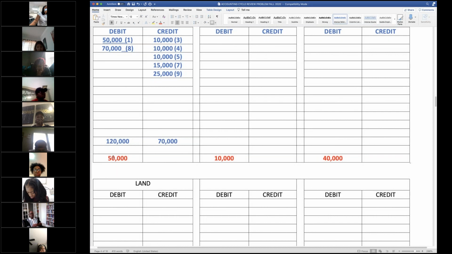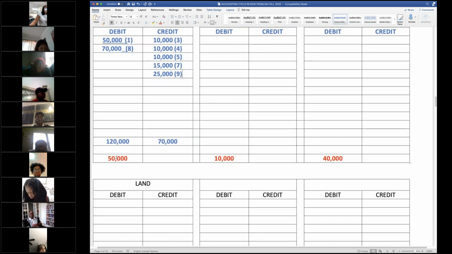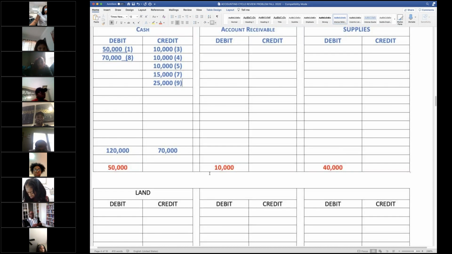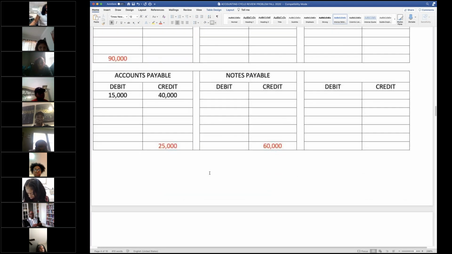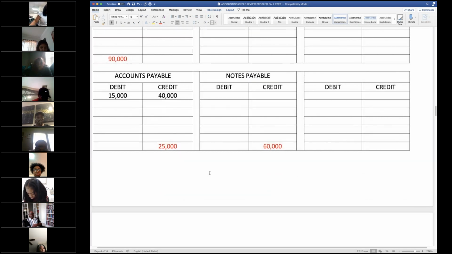What side is it here? Remember we said liabilities are gonna have a credit balance? Accounts receivable.